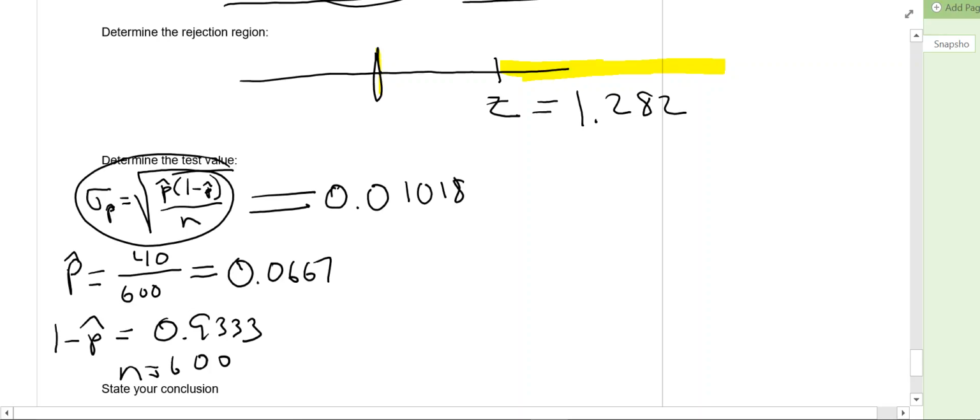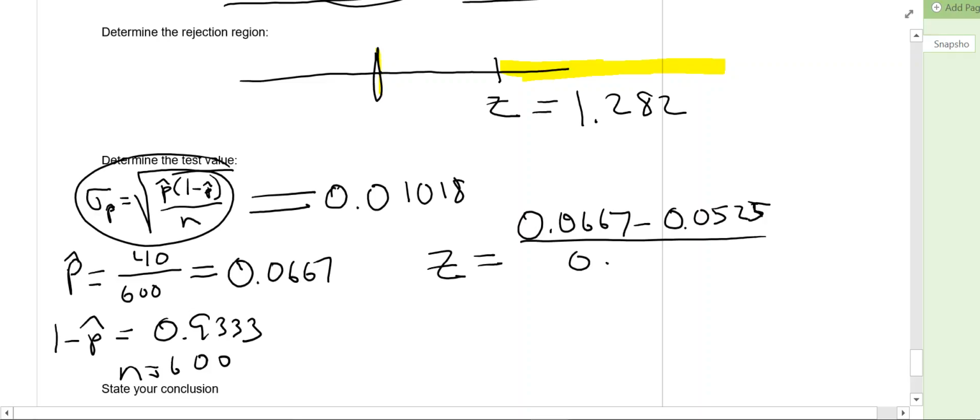You do your math. So then my test value, again, is z equal to the sample proportion minus the assumed proportion divided by the standard deviation.